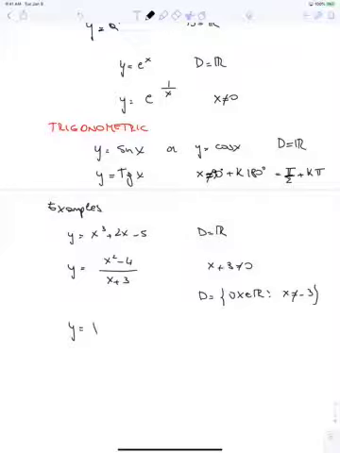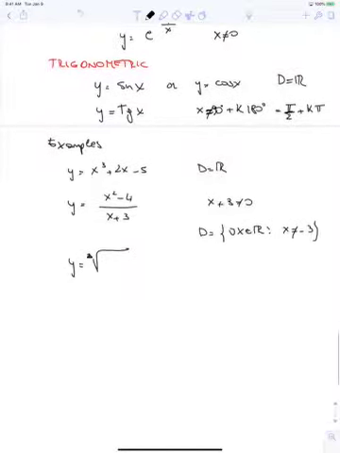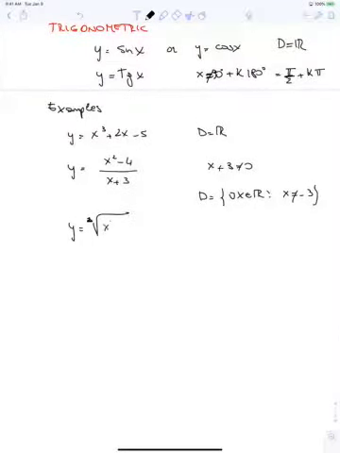We have y equal square root of, so I'm going to write 2, although it's not necessary, x squared minus x. Now, this is even, so we have to impose that x squared minus x has to be greater than or equal to 0.